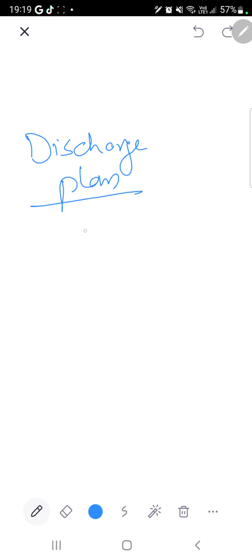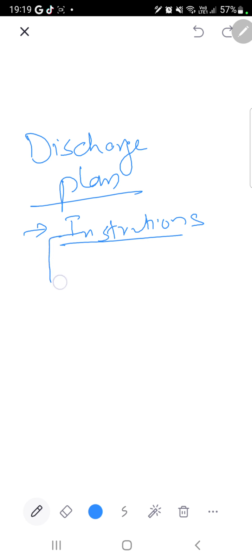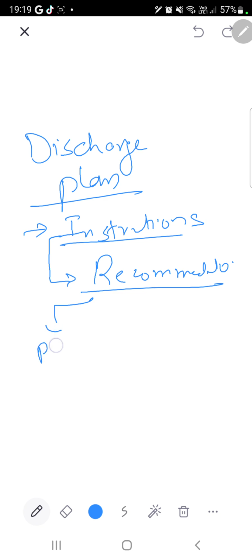Now we are going to discuss the discharge letter, the discharge plan. What should be done for a discharge plan? Normally discharge plans are instructions, right? Whoever is writing to whoever, discharge plans are normally instructions, or if these are recommendations, we still need to be polite and use conditional language.